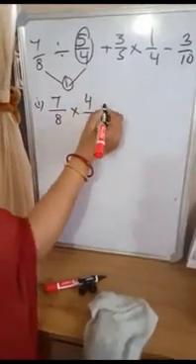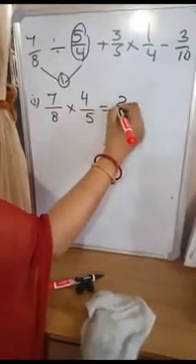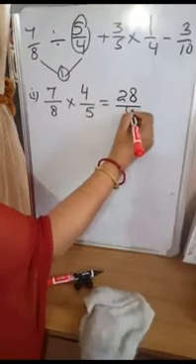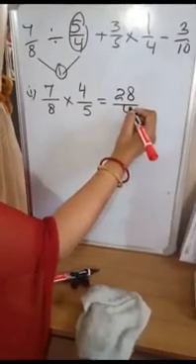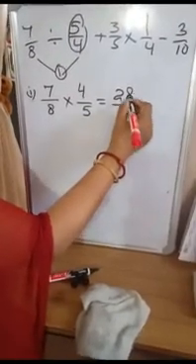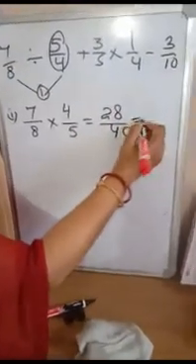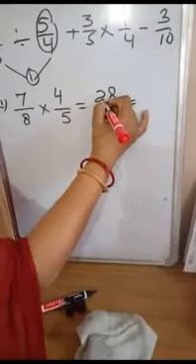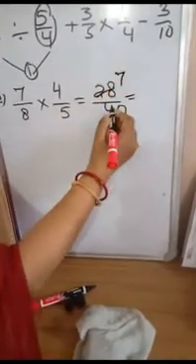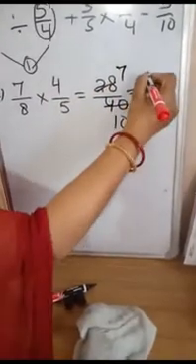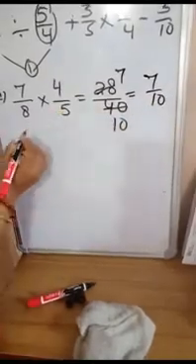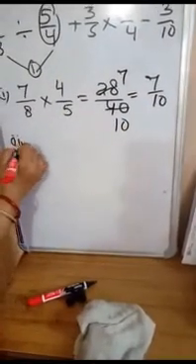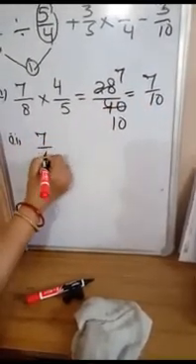After multiplication, 7 fours are 28 by 8 fives are 40. Right? 28 by 40. Let us solve it. 4 sevens are 28, 4 tens are 40. So it is 7 by 10.